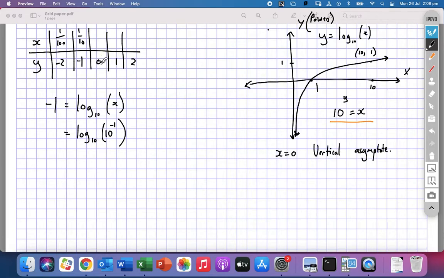What about 0? How do I get the answer 0? That'd be the next one. And that's the same for any base. So how do I get this 0? What would my x have to be? Well, I'd have to have 10 to the 0. And what's 10 to the 0?